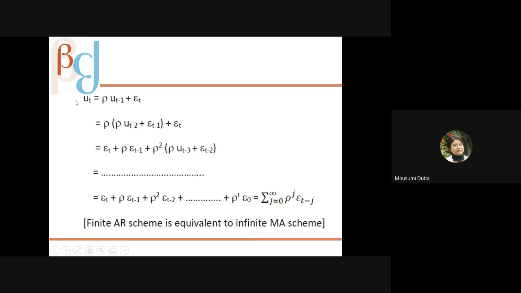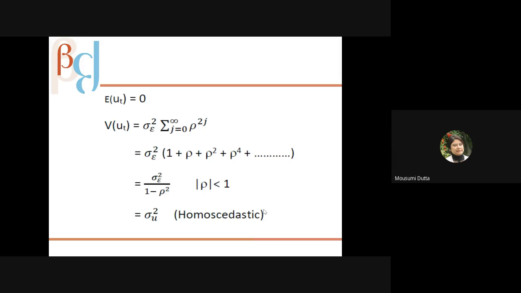So if you consider the expectation of ut, it will be expectation of epsilon t plus rho expectation of epsilon t minus 1 plus rho squared expectation epsilon t minus 2 and so on, plus rho to the power t expectation epsilon 0. And all of you know that the expectation of the classical error should be equal to 0. So expectation of ut is also equal to 0.